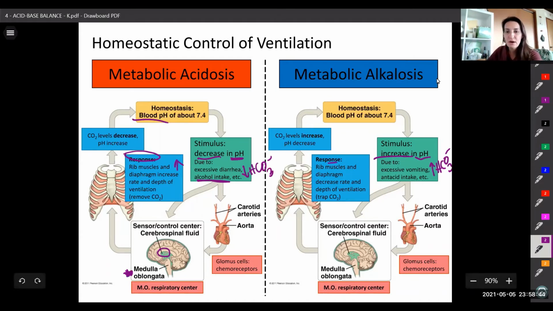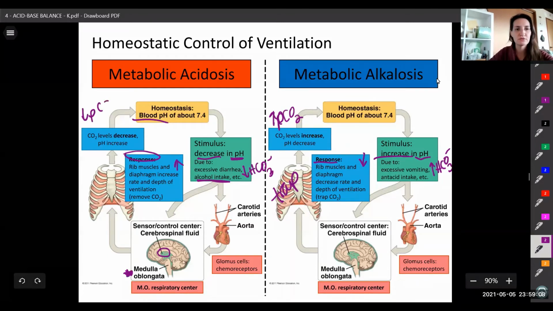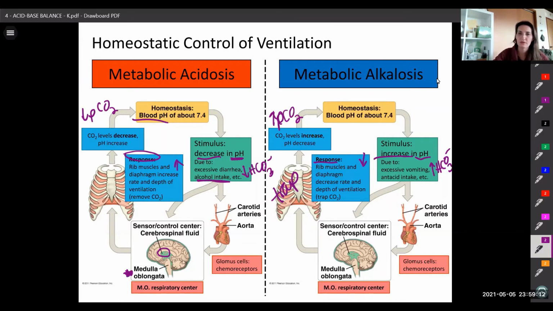And the response here is that we see a decrease in the rate and depth of ventilation, trapping more CO2, increasing the partial pressure of CO2. Previously, we had a decrease in partial pressure of CO2. That brings our blood pH back to within normal range.